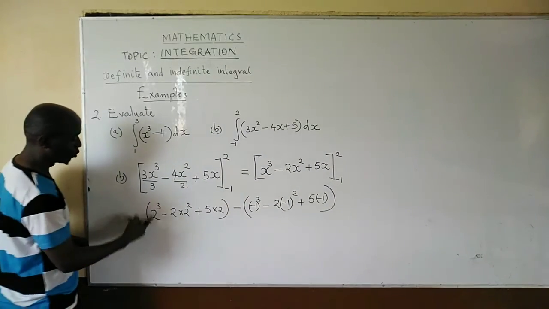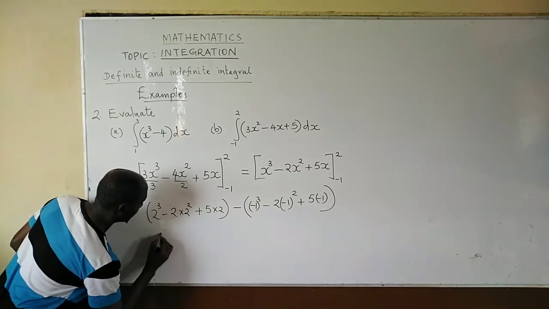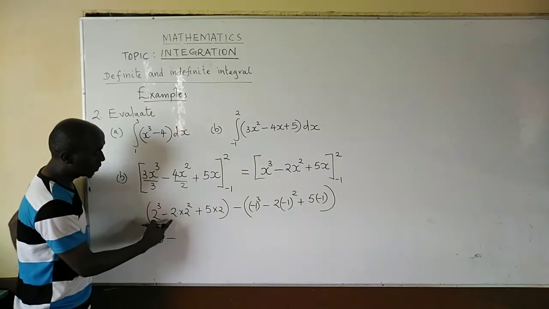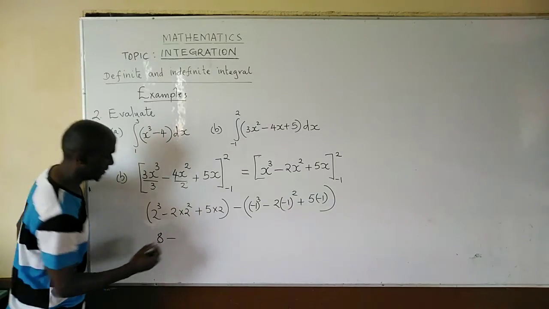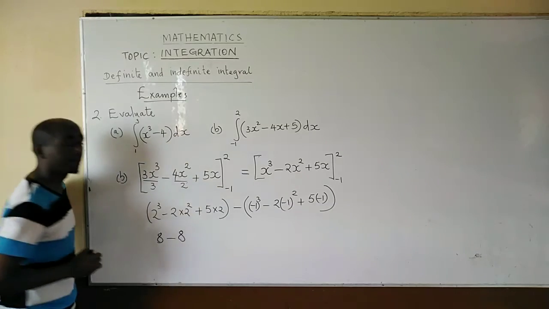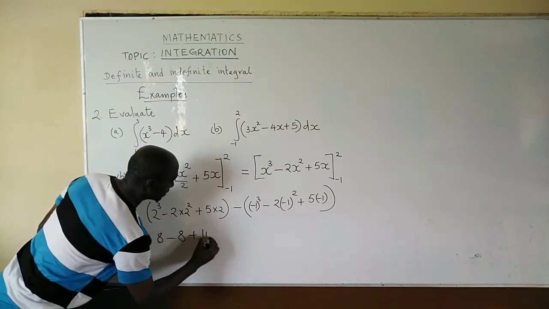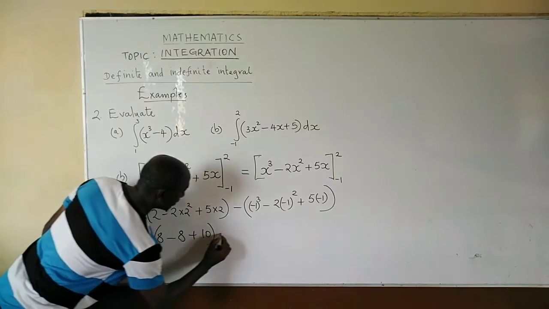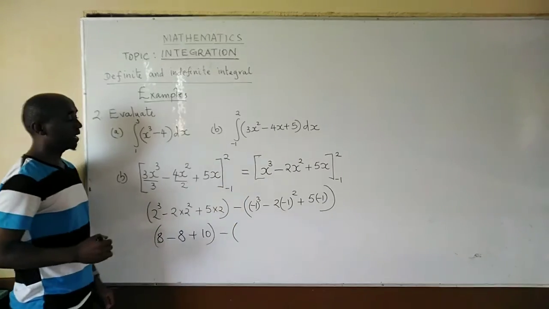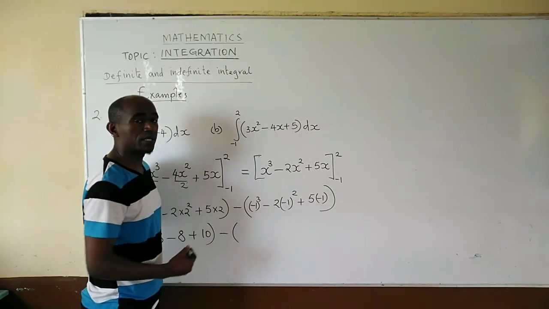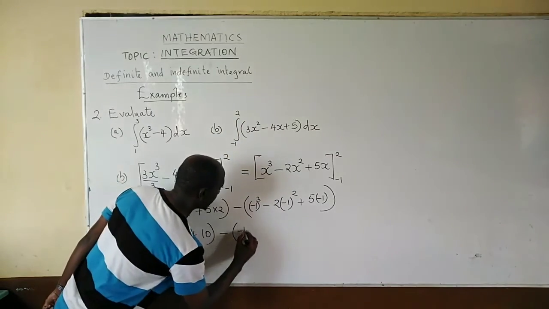Simplify. 2 cubed is 8, minus 2 times 2 squared is 8, plus 5 times 2 is 10. Close the bracket. Minus, open the other bracket, negative 1 cubed, my dear learner, is negative 1.